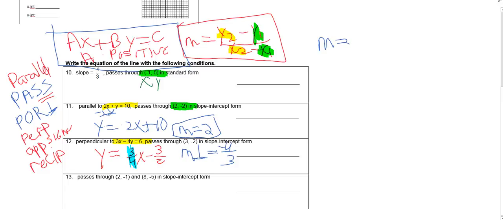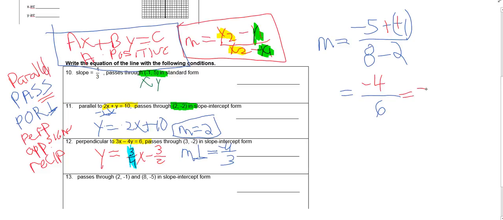We have the differences in the y's, or y2 minus y1 would be negative 5, subtract negative 1, and on the bottom we're going to have 8, subtract 2. Well, the bottom is not very tricky. It's equal to 6. And the top, we're going to add the opposite here. So we have negative 5 plus 1, which is a negative 4. And so our slope is equal to negative 2/3.